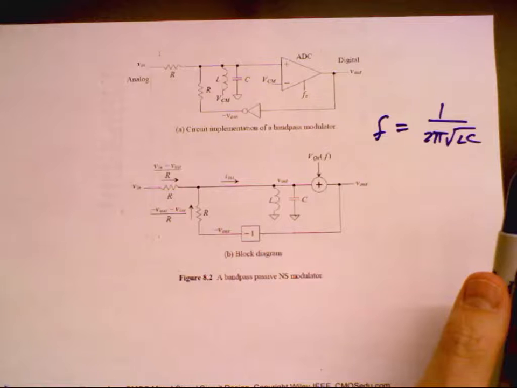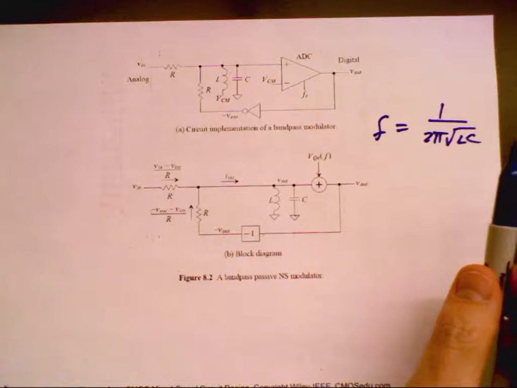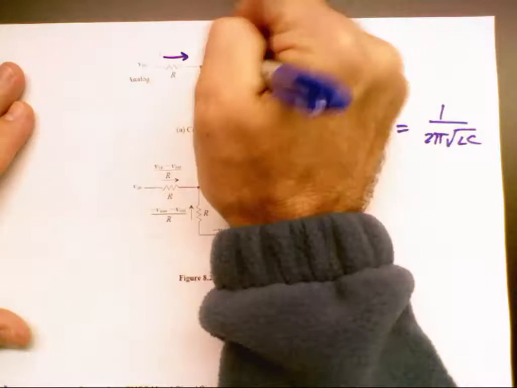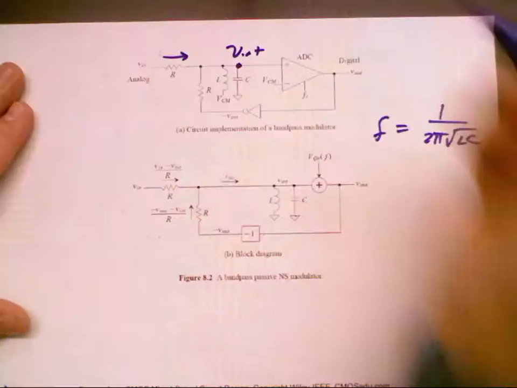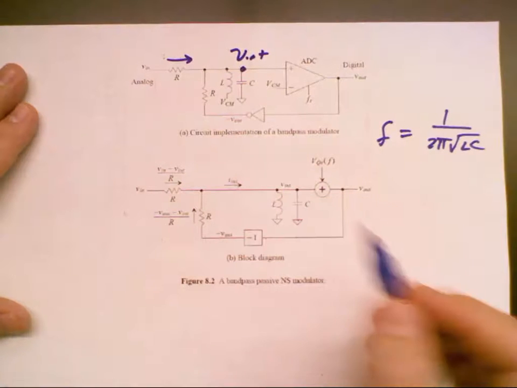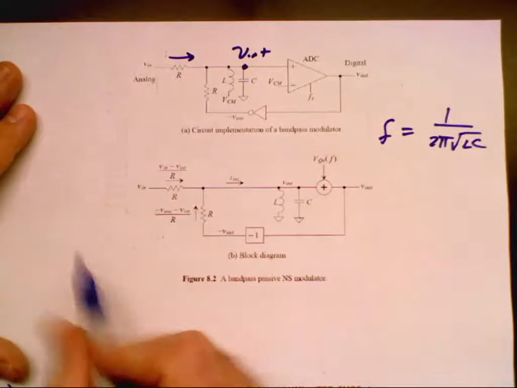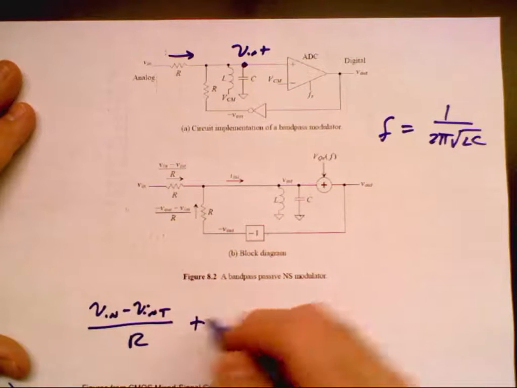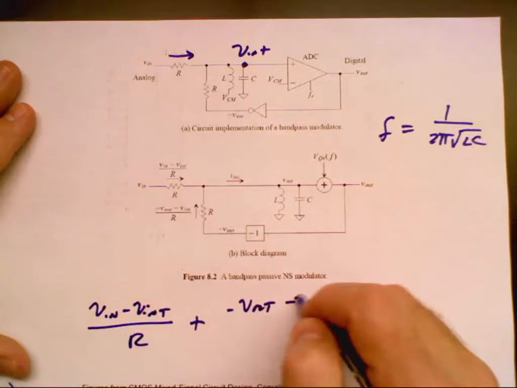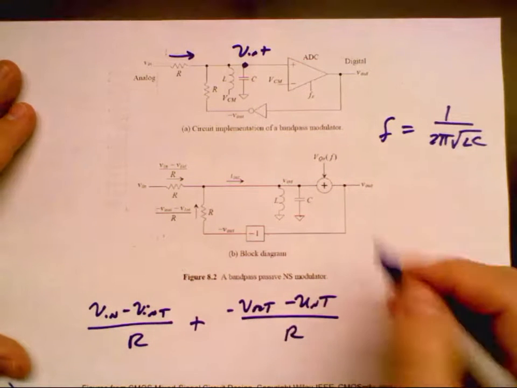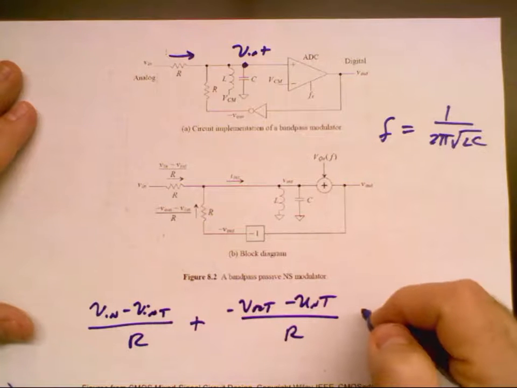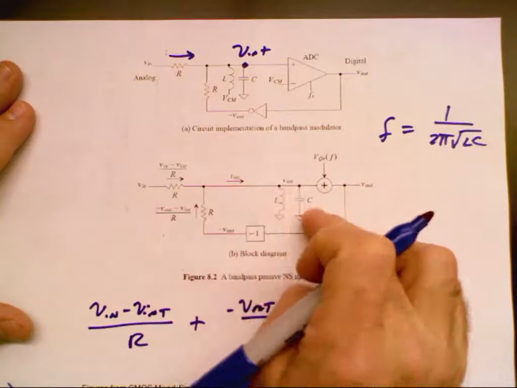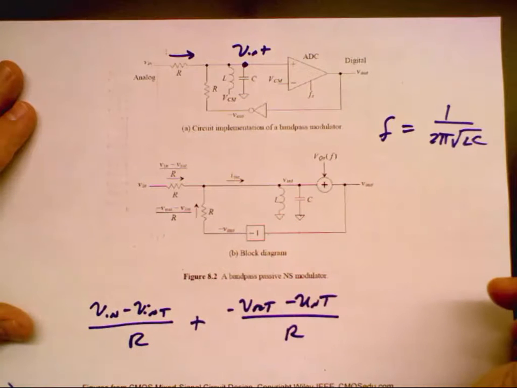And I'm going to go through and calculate the transfer function. Okay, so if I look at the current, I'm going to call this node here V integrator, just to keep it the same way I did right there. I get a current coming in, which is V in minus V integrator all over R, plus minus V out minus V integrator all over R, is equal to I integrator, that's V integrator at the resonant frequency.